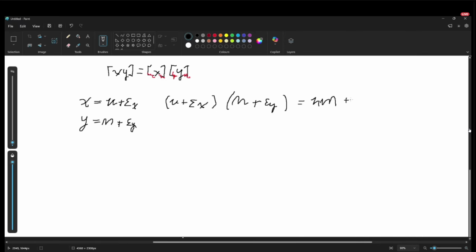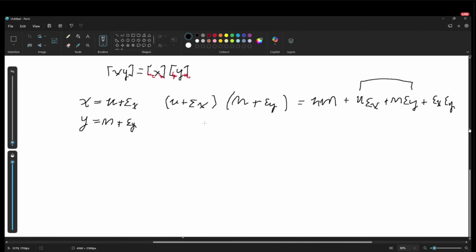Nm, and then plus n epsilon y, and then plus m epsilon x, and then plus epsilon x epsilon y. Okay, so now you can start to see a problem here, which is that these terms are kind of hard to get rid of.